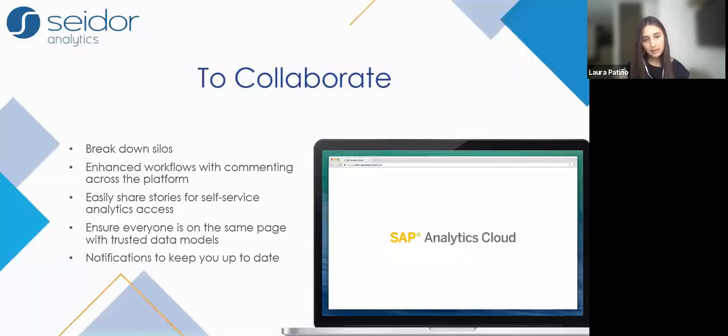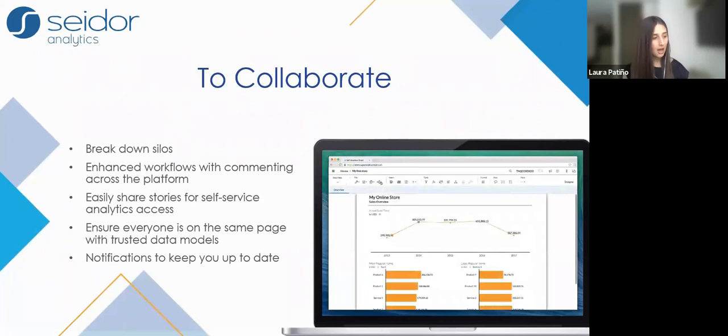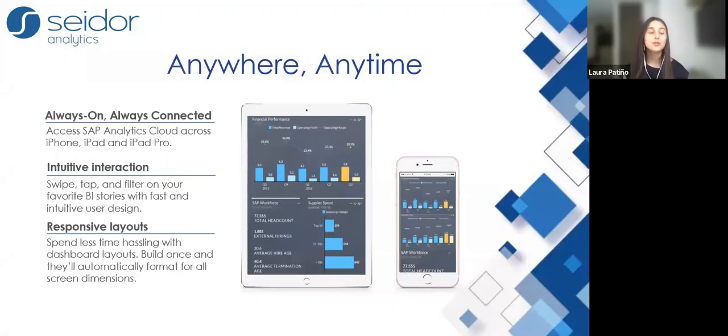And finally, I would like to tell you that you can access the platform no matter what device you are using. So you can access it using your phone, a laptop or an iPad. You can easily create your story to be responsive, and then you can see it wherever you are and from any device.